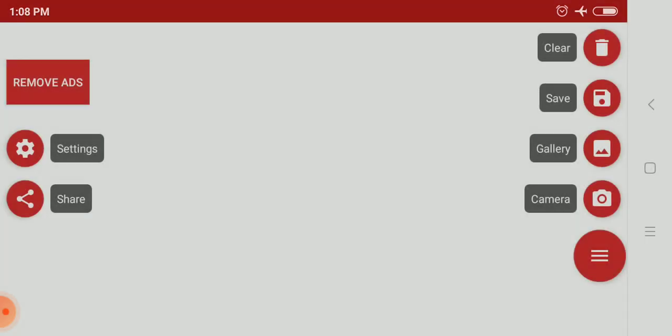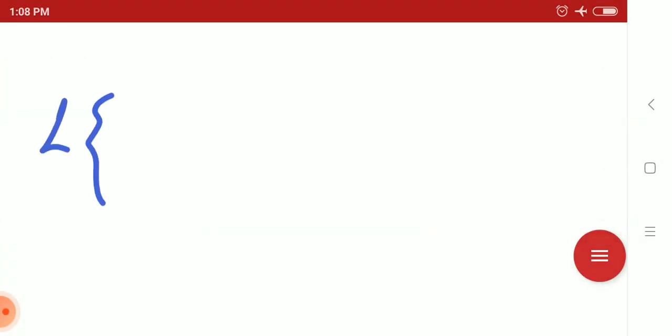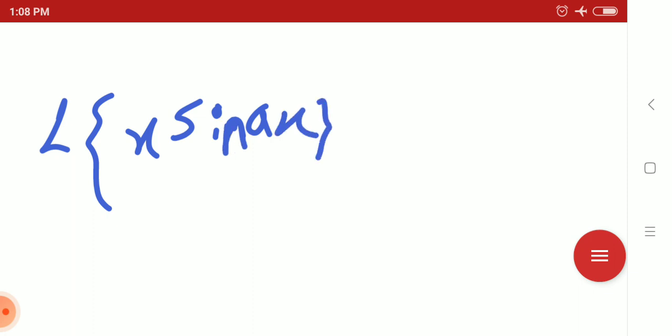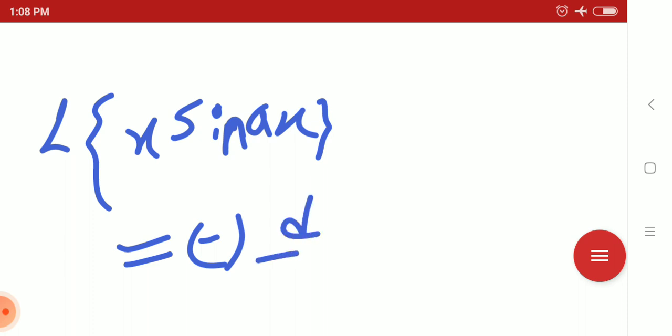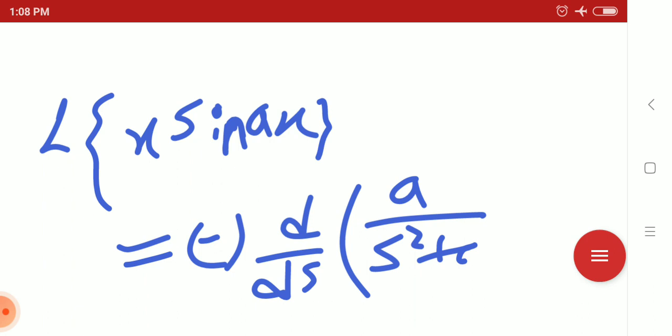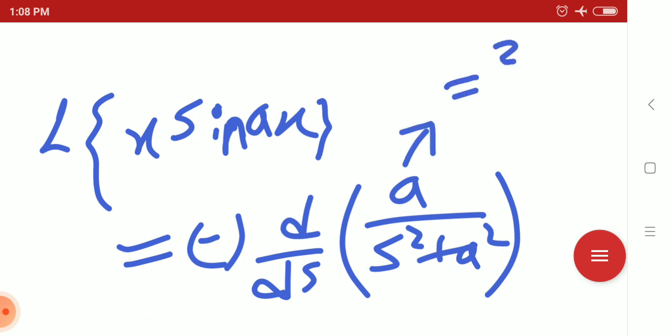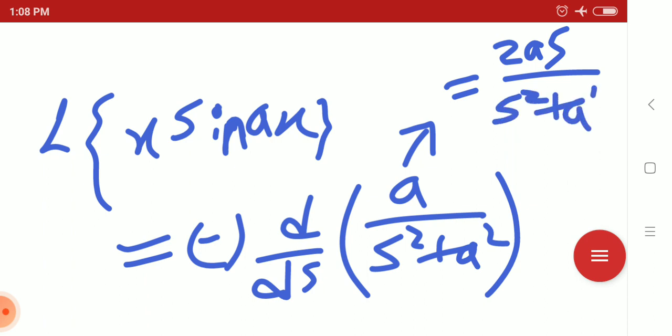So the Laplace transformation of x sin ax will be (-1) to the power 1, d/ds of a by s square plus a square. After solving it, we will get 2as divided by (s square plus a square) whole square.